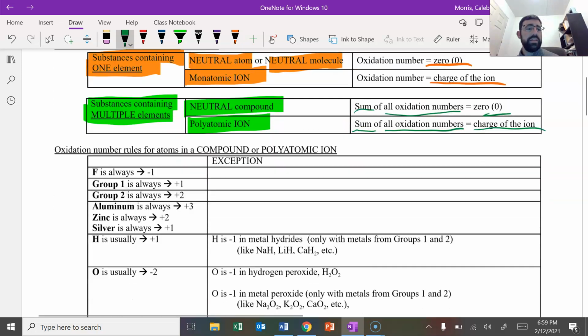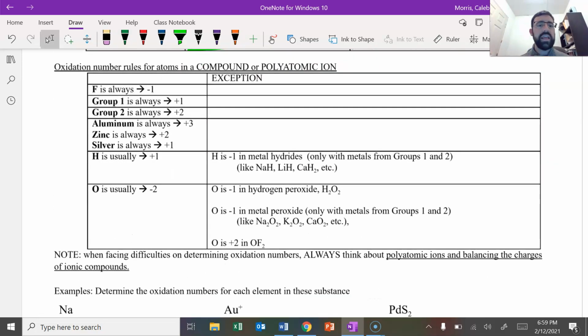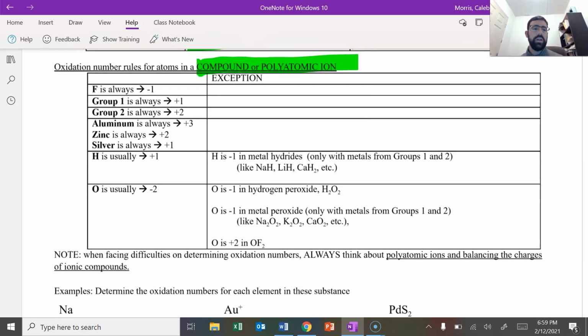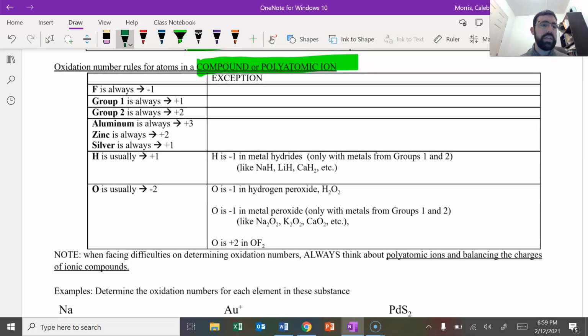All right, and then down here, the oxidation numbers, if we're talking about something that is involved in a compound or a polyatomic ion. This whole section down here is based on if it is in a compound or polyatomic ion.